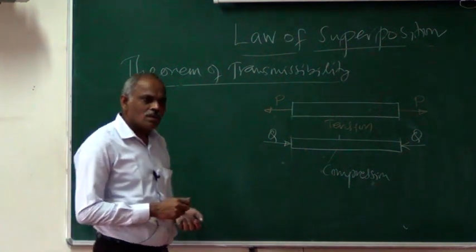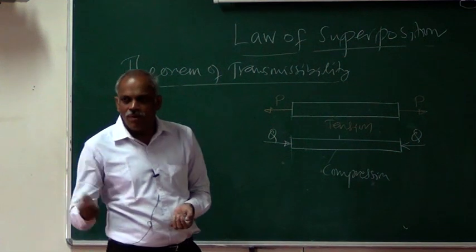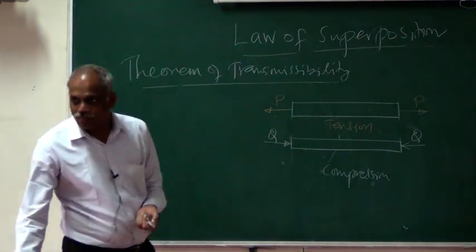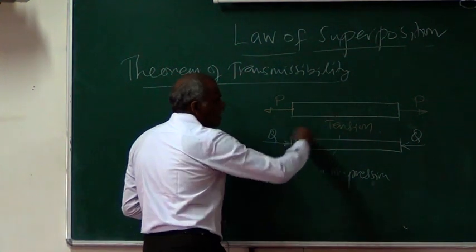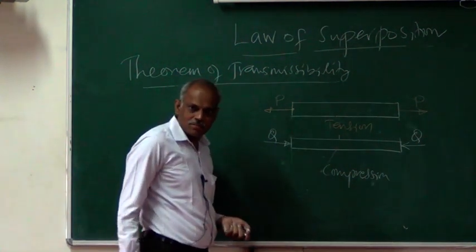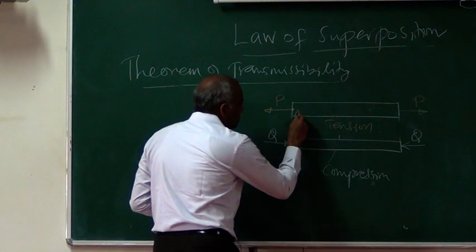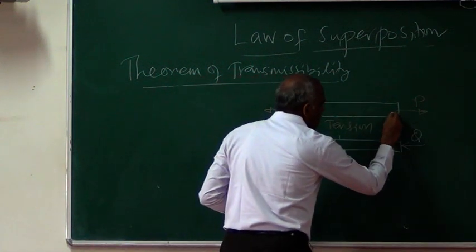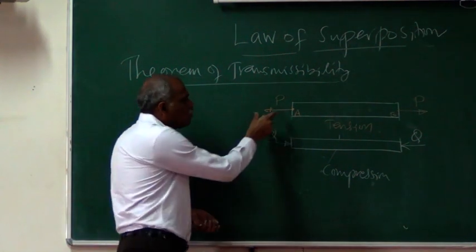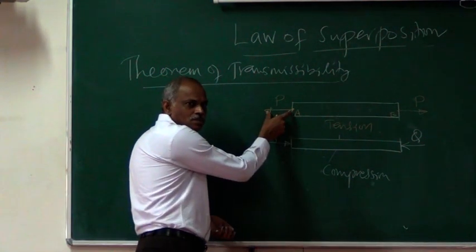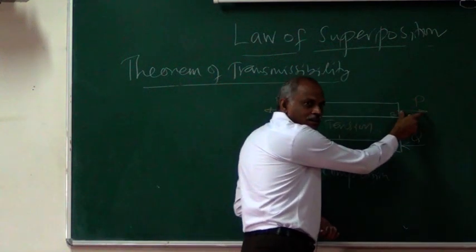But now I am empowered with the theorem of transmissibility, which says that the point of application of the force can be transmitted along its line of action. So if I say this is point of application A, this is point of application B, I can move this, transmit this along here.